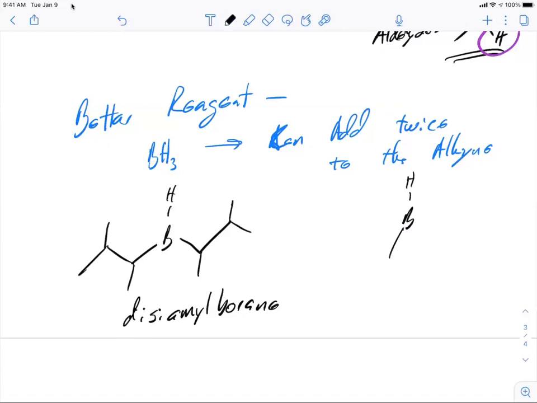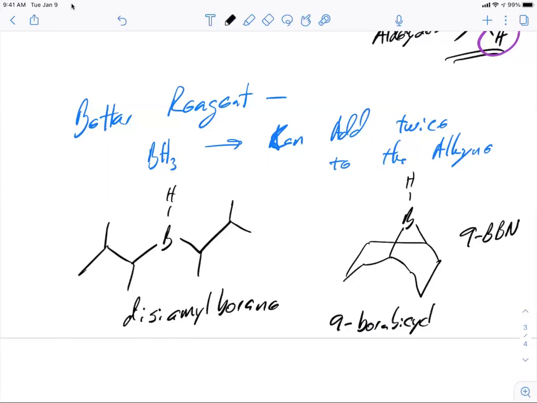So here, if we look at this species, we get this big species. The abbreviation is known as 9-BBN, and you can see from the name why we call it 9-BBN instead of saying 9-borabicyclo[3.3.1]nonane.